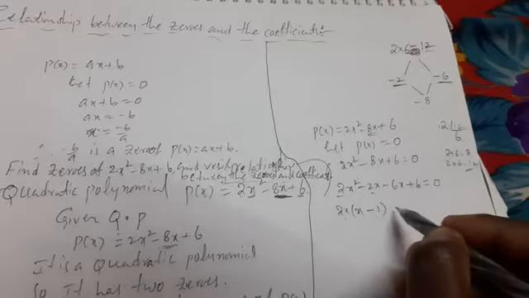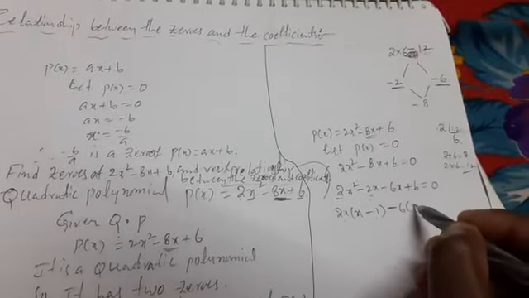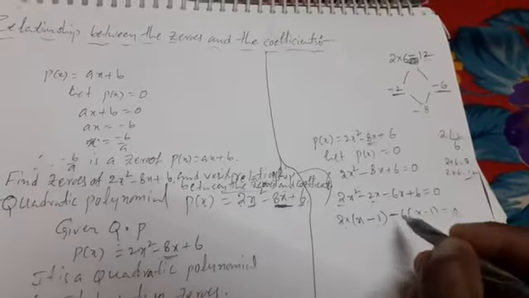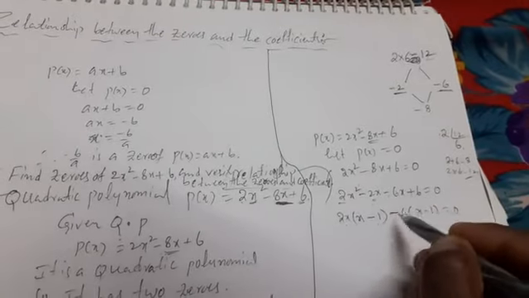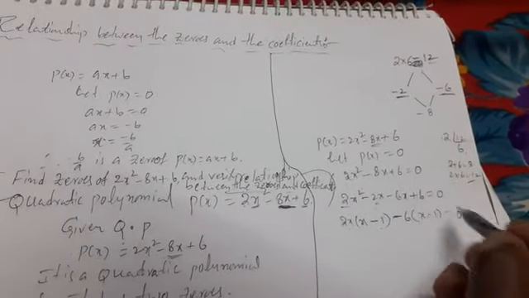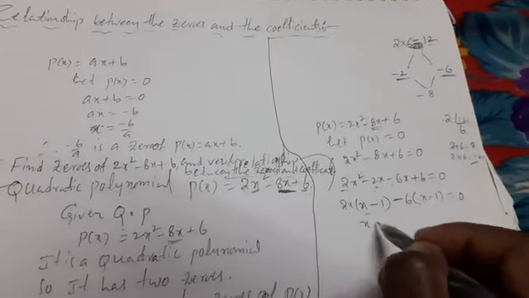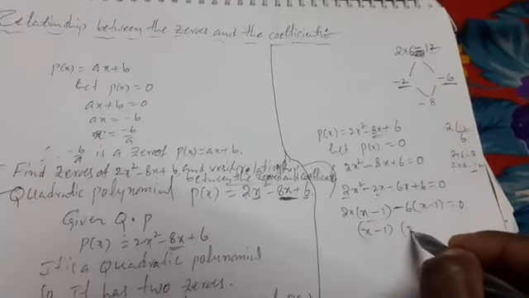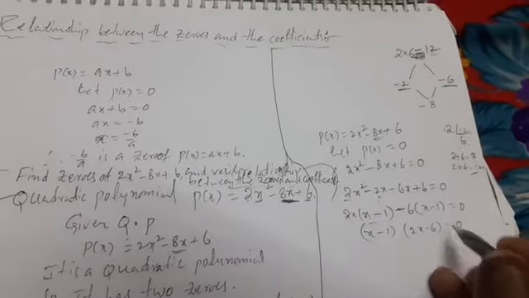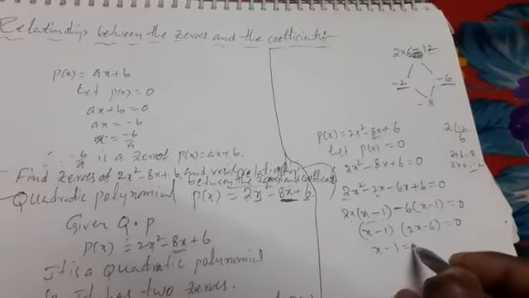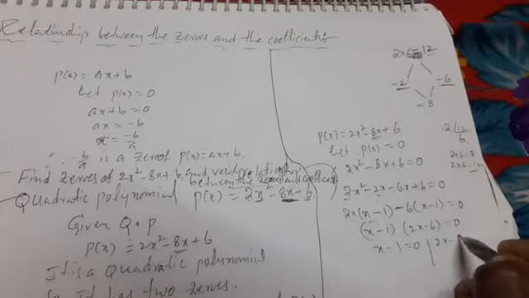We are taking the common factor: minus 6, x minus 1. Why? Because minus 6 into x is minus 6x, and minus and minus is plus, 6 times 1 is 6. So what is common among them? x minus 1 into 2x minus 6. So we take each factor as 0.